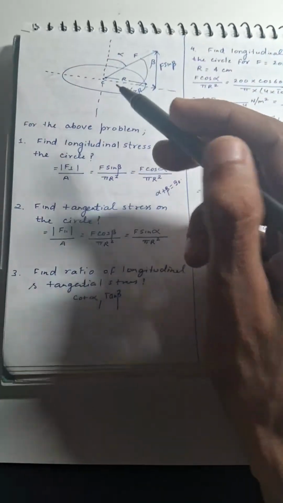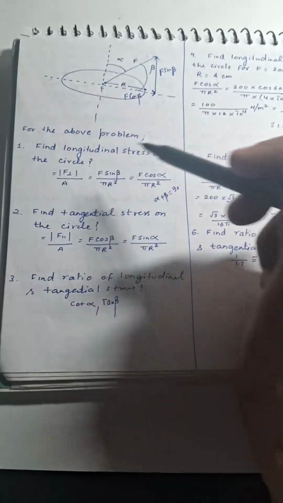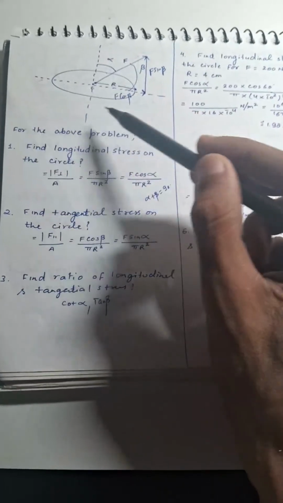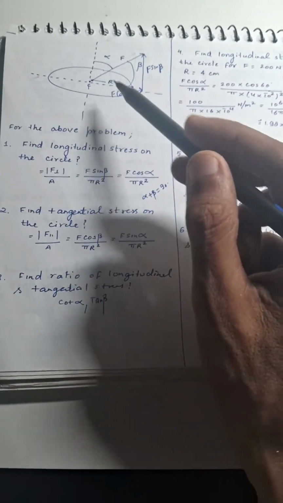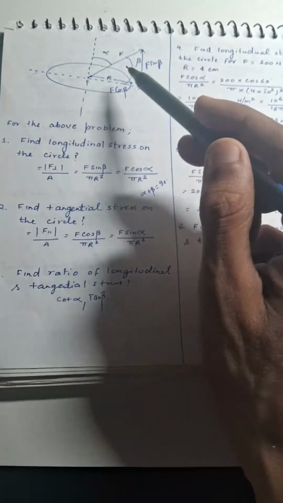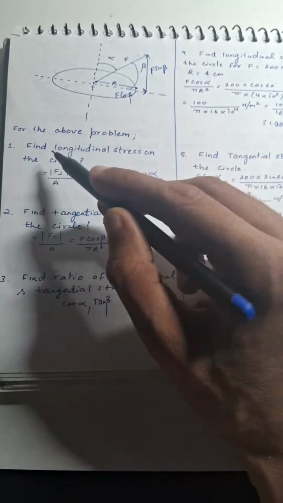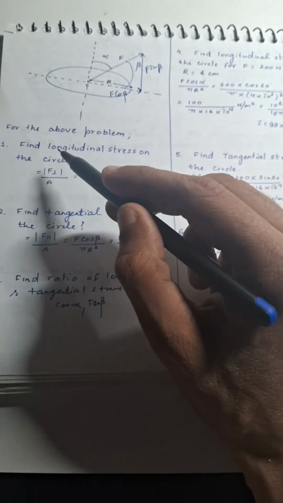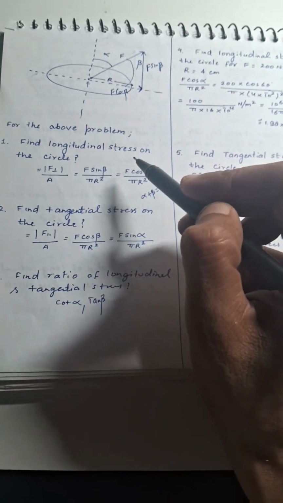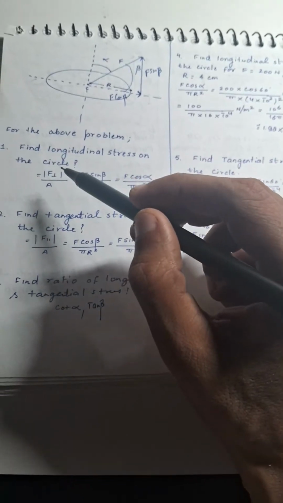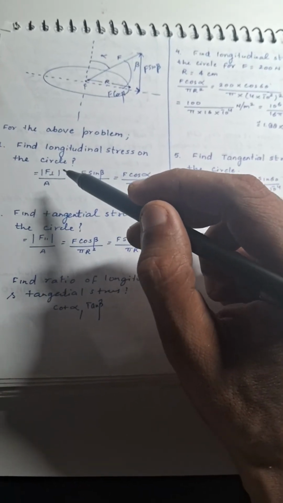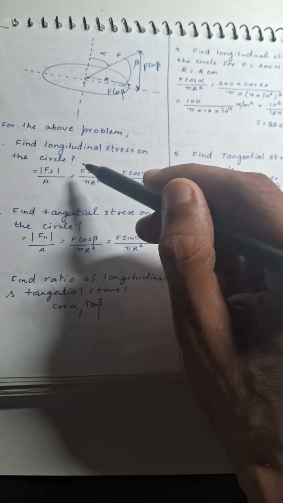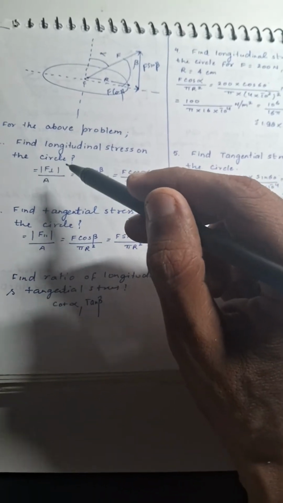Now there is a discussion on stress and strain. We are given a circular cross section of radius r. Force is applied as shown in the figure. We need to find the longitudinal stress on the circle. For finding longitudinal stress, we need to take the component of force perpendicular to the plane, along the area vector.